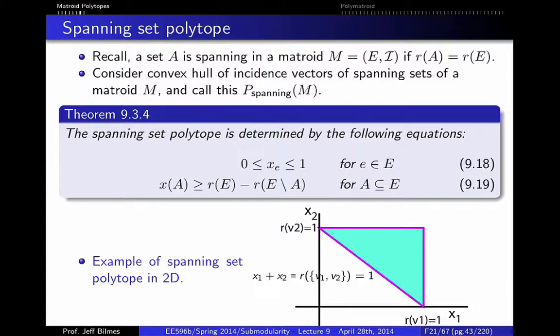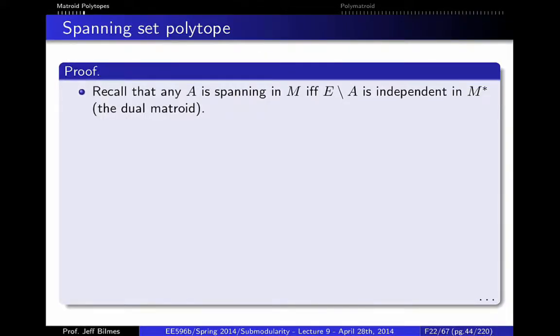Okay. So how do we prove that this is the right expression? We do that by recalling our friendly neighborhood dual matroid, which basically says that you're independent in the dual if you're spanning in the primal, and that's what we're using here. I forgot about the complement.